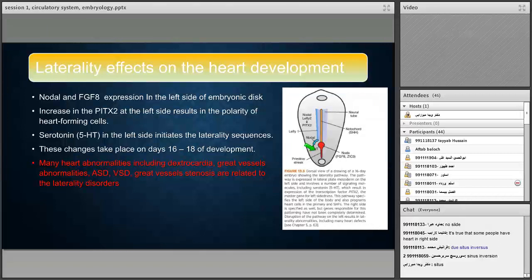Okay? But there are some other conditions with the name of heterotaxia. What will happen? In heterotaxia, only the position of some of the organs will be reversed. We have two kinds of heterotaxia.